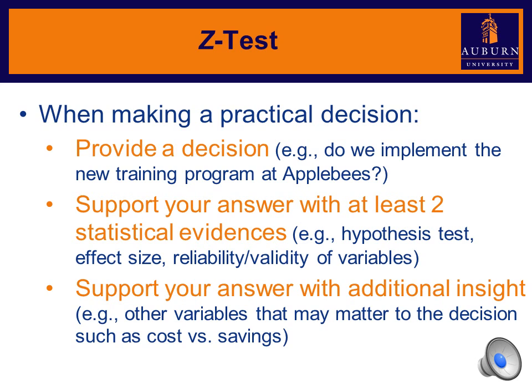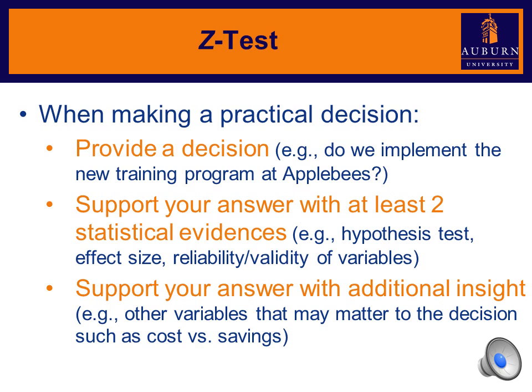If you reject the null hypothesis in this case, we're saying that our performance for the new training was greater than the performance for the old training. If we fail to reject the null hypothesis, then we're saying there's no difference in the training when it comes to performance. So tell me not only if you reject or fail to reject, but show me that you know what that means. And the same thing with the effect size.